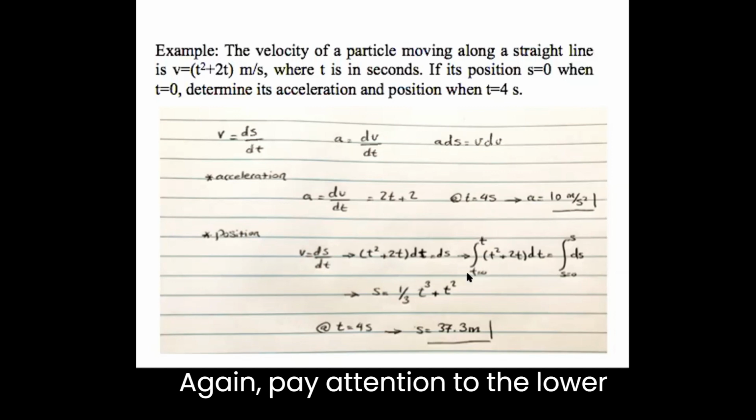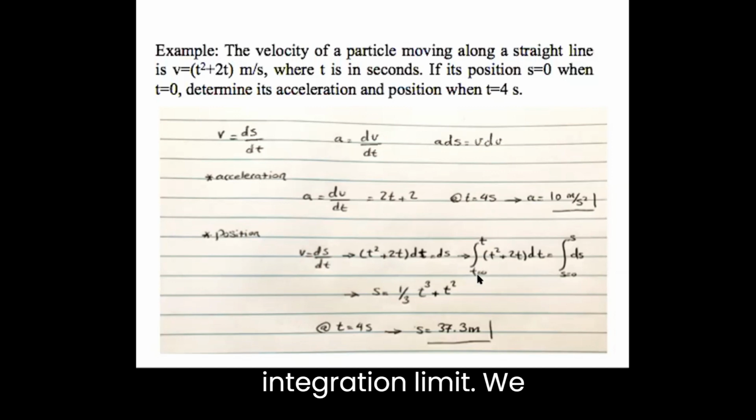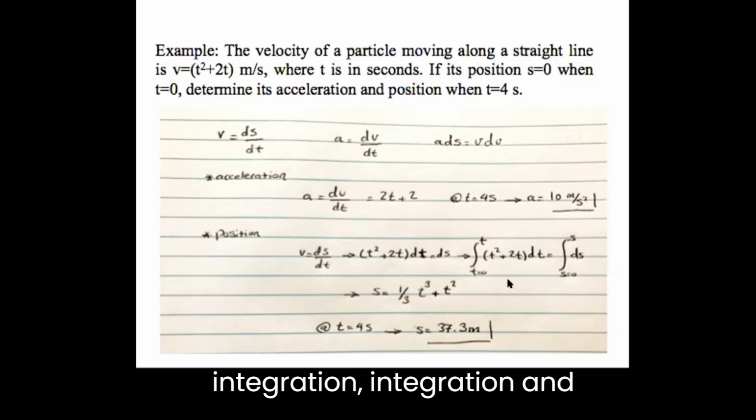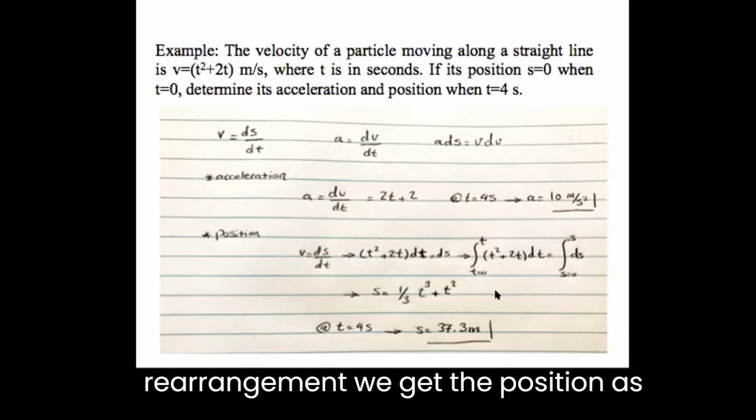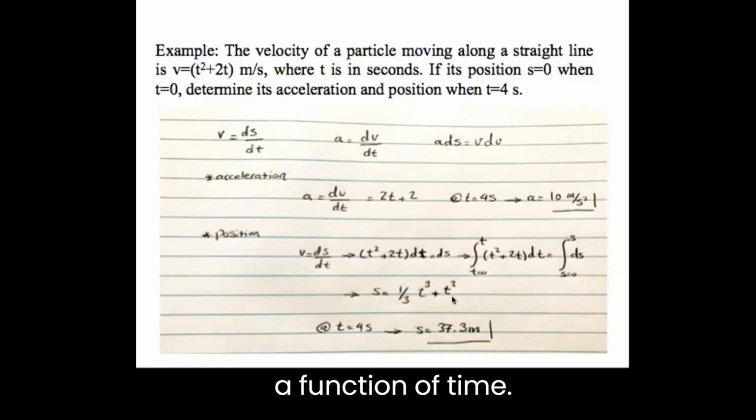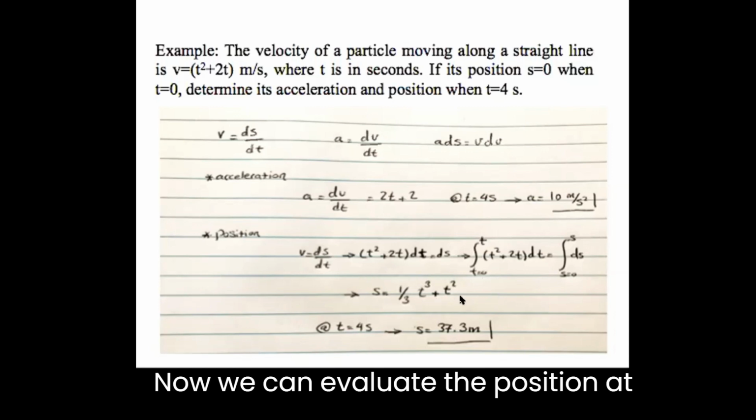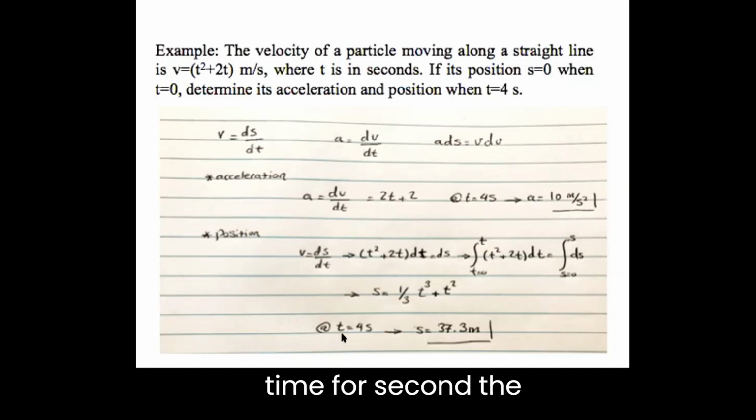Again, pay attention to the lower integration limit. We got this from the initial condition that is given. After integration and rearrangement, we get the position as a function of time. Now we can evaluate the position at time 4 seconds. The position equals 37.3 meters.